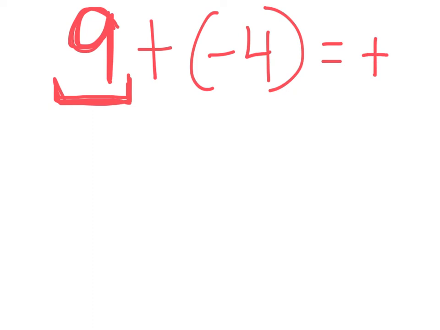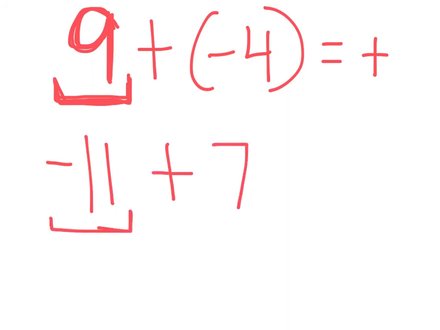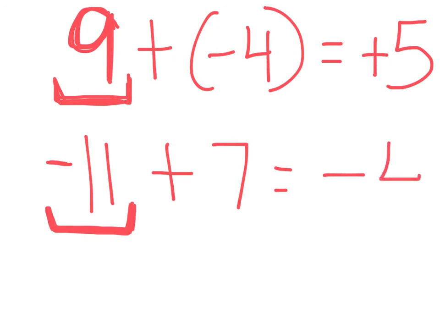If we take a look at -11 plus 7, the -11 has the greater absolute value, so my answer is going to be negative, since the 11 is negative. So the answer to the first one, +9 plus -4, would leave me with +5. If I have -11 plus 7, that is going to leave me with a -4.